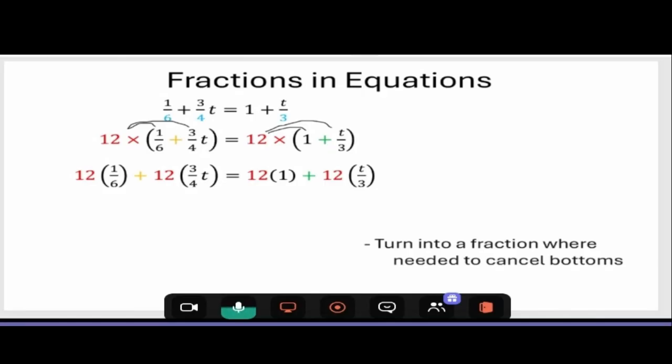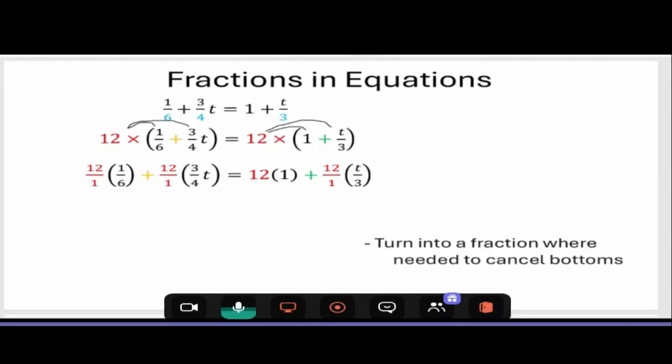Now, wherever we need to cancel fractions, because remember, in the back of your mind, the whole reason you're doing this is because you can make all the fractions go away. Wherever we have fractions to cancel, that 12 becomes a 12 over 1. Wherever we don't have fractions to cancel, like this piece right here, the 12 just stays a 12.